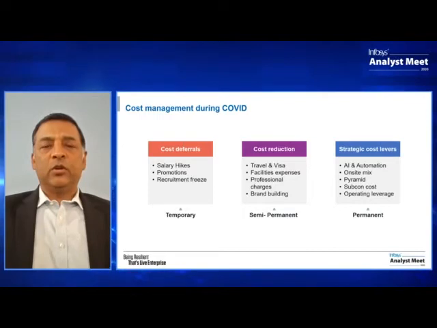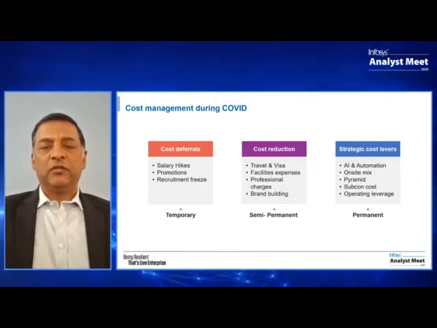The second, which we call the more temporary benefits and the cost deferrals in terms of cost reduction. These are more active cost levers which we have deployed. Some of these, of course, naturally because of COVID have come to the fore, like travel and visa costs. But some we have actually worked on in terms of our marketing, brand building costs, facility costs, and other professional charges.